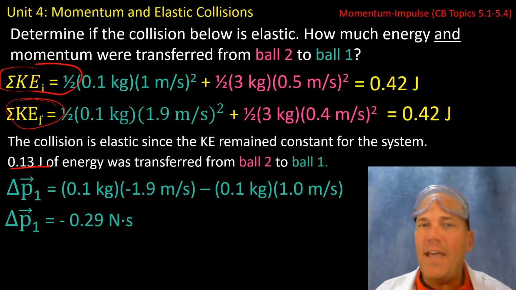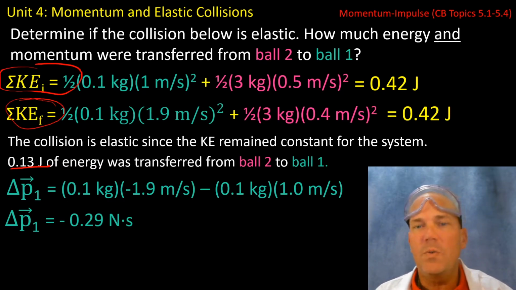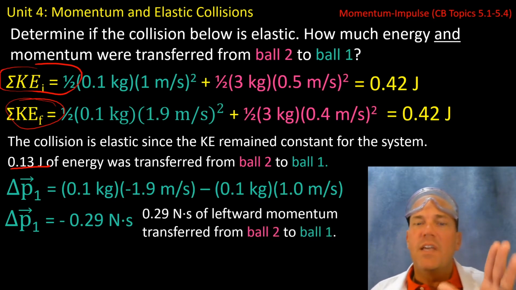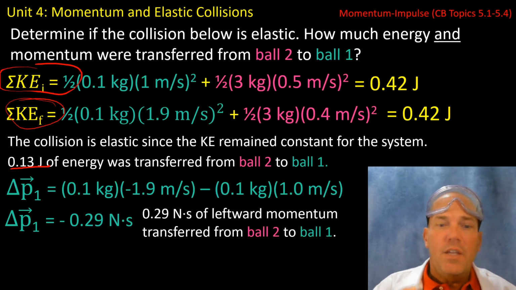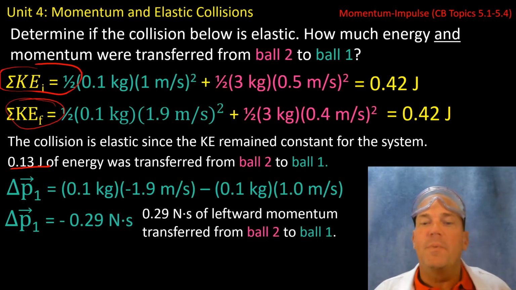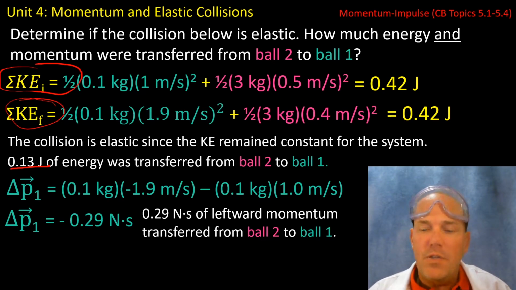We can find that to be negative 0.29 Newton seconds, which means 0.29 Newton seconds of this leftward momentum was transferred from ball 2 to ball 1.